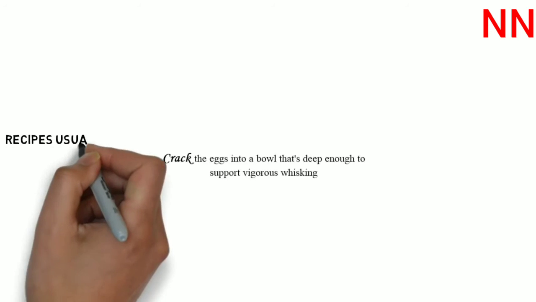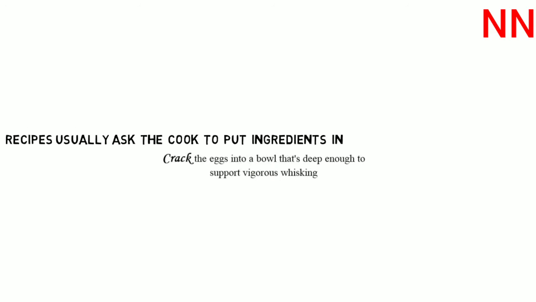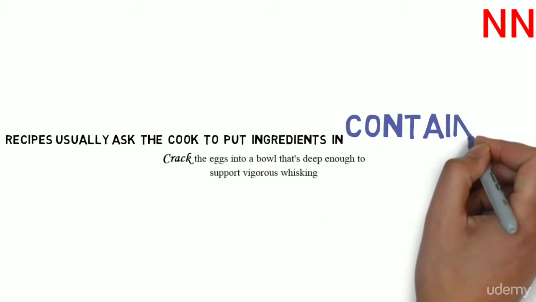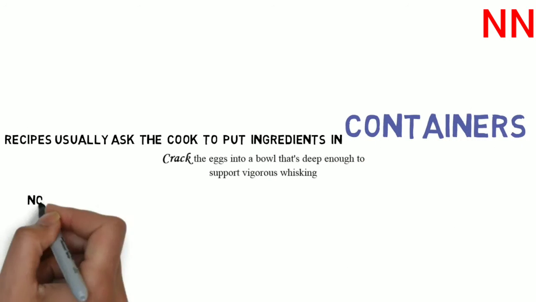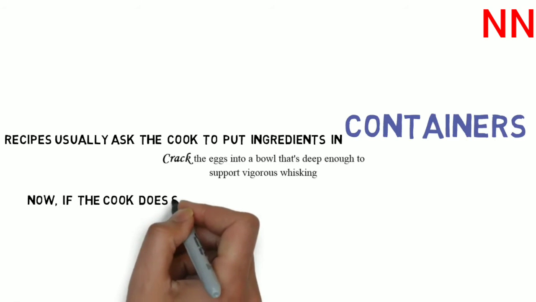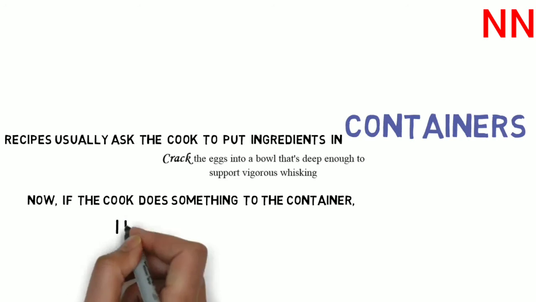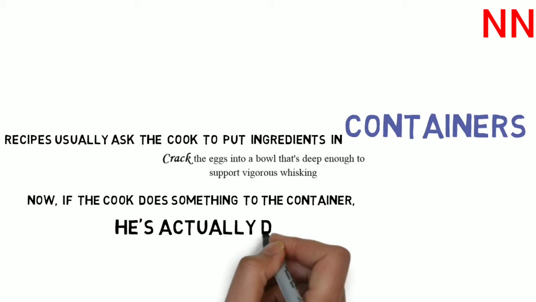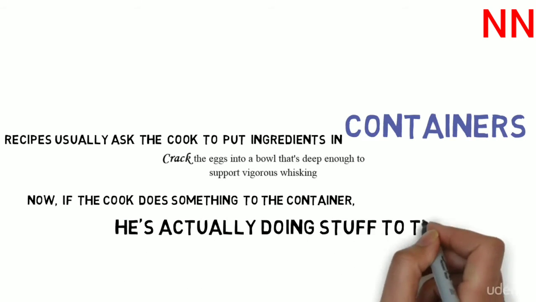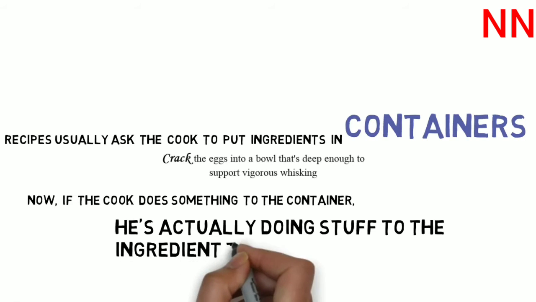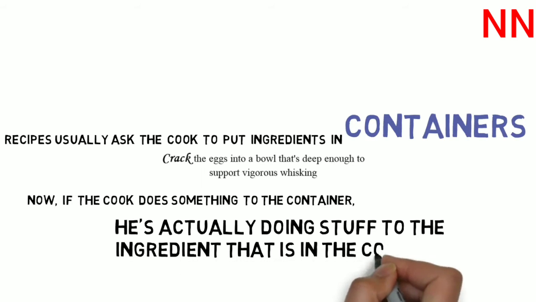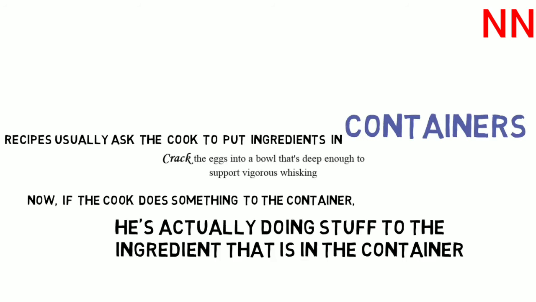Moving on, check out this line, which exhorts us to crack the eggs into a bowl that's deep enough to support vigorous whisking. Like anyone who's done any serious cooking, you know how much of a nightmare the pots and pans get to be the day after. Recipes are always asking the cook to put stuff in containers. Now, here's a crucial little thing to note. When the cook does something to a container, he's actually doing something to the contents of the container.